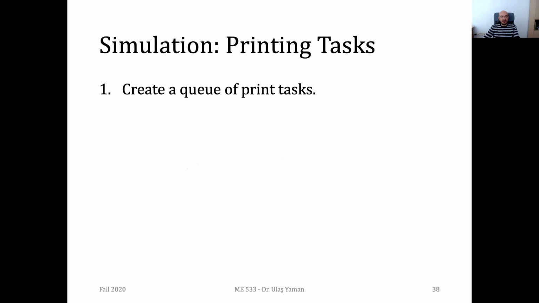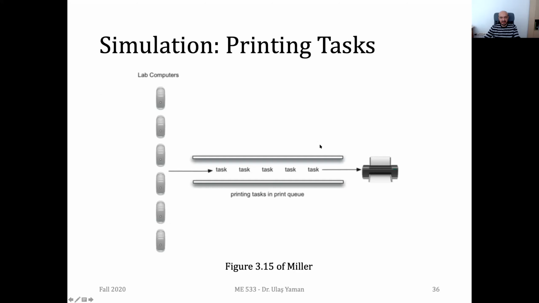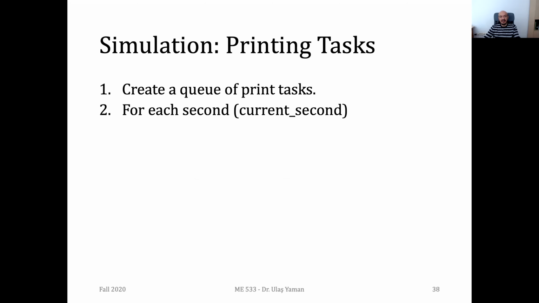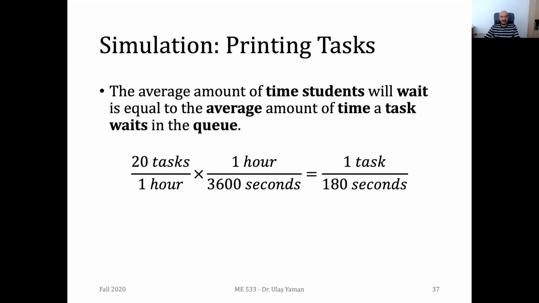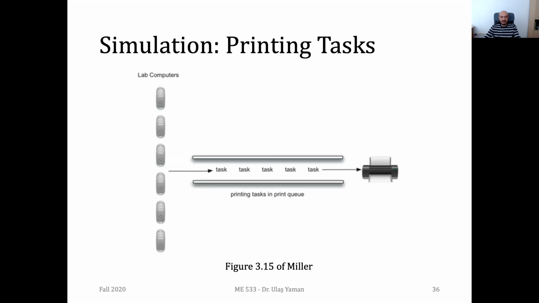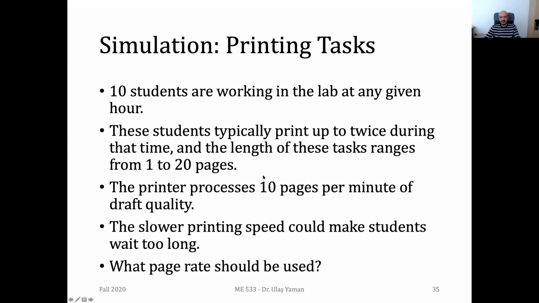So how are we going to solve or implement this problem? First of all, we need to have a queue of print tasks. As I mentioned in this illustration, this is a queue data structure, so we need to first generate it. Then, since it's a simulation, we need to keep track of seconds. Seconds are the minimum time unit we can play with, and the property of the printers in terms of time, let's say pages per minute, we can easily convert to seconds.